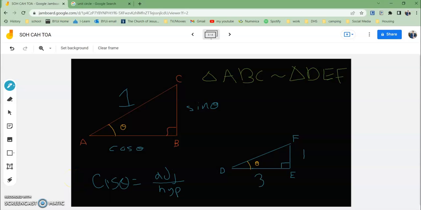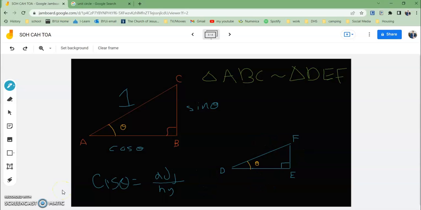Say this is a 3, 4, 5 triangle, not drawn to scale. The adjacent side to this angle is the one right next to the angle that's not the hypotenuse. So in this case it's 3, and the hypotenuse is 5, the longest one. So cosine of this angle is going to be 3 over 5.